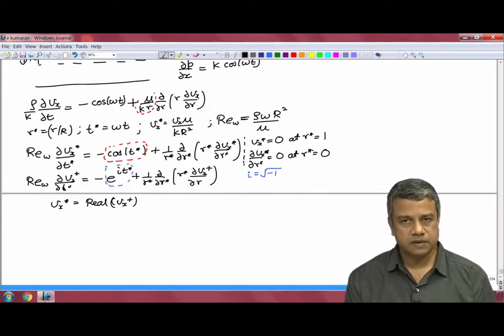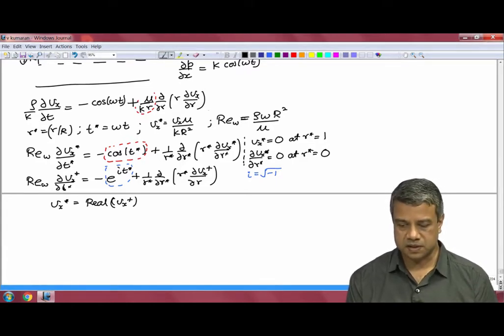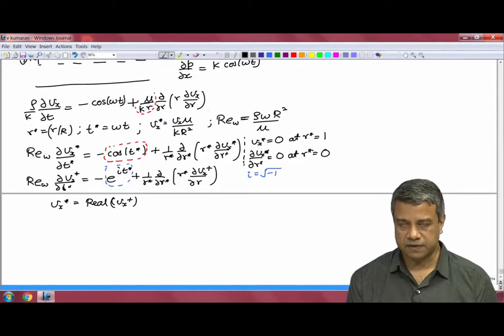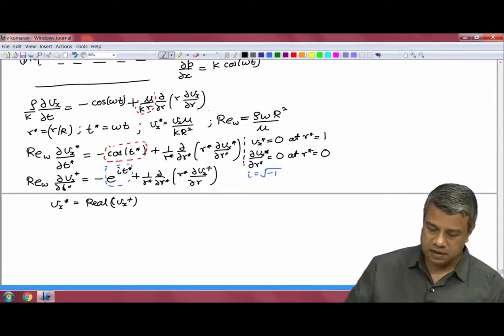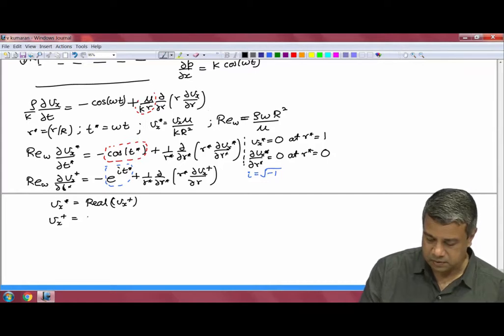And in this equation for V x plus, the inhomogeneous term is an exponential, and the equation is a linear equation in V x plus. Therefore, I could use the substitution V x plus is equal to V tilde of r times e power I t.